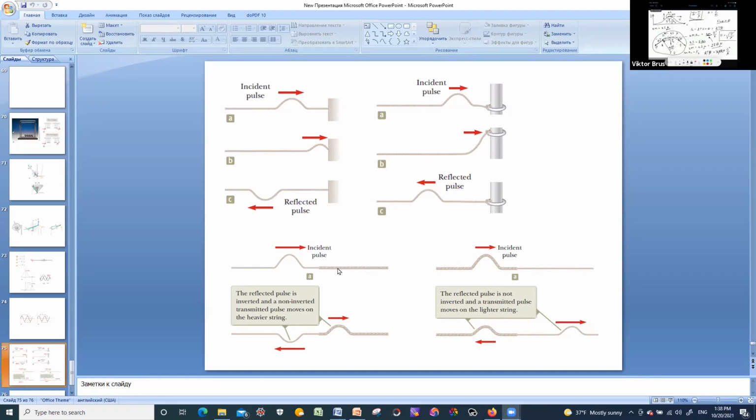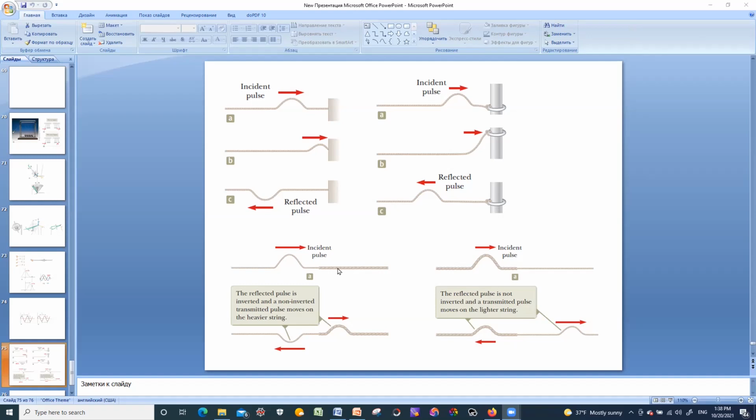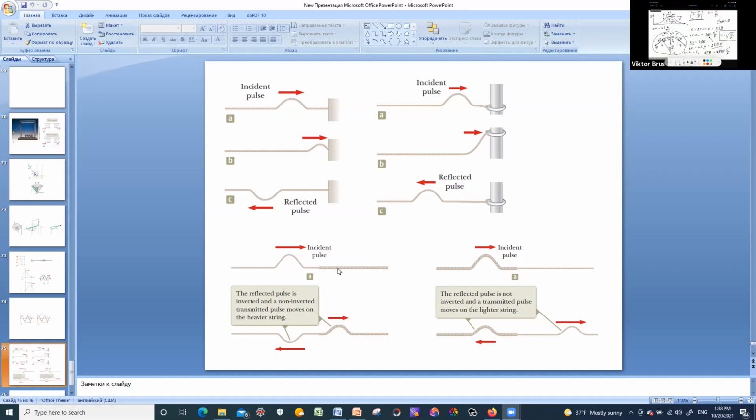Yeah. Makes sense, because the mu, the linear density, will be smaller in the thinner string. However, keep in mind that if materials are different, the thinner string may still be heavier per unit length. Yes. Yeah, so that should also be taken into account.